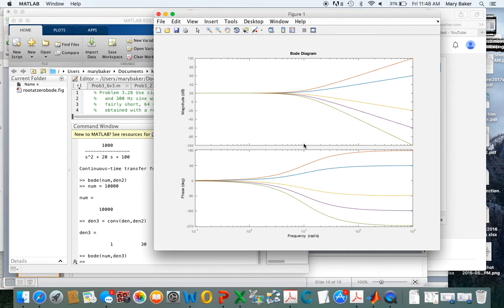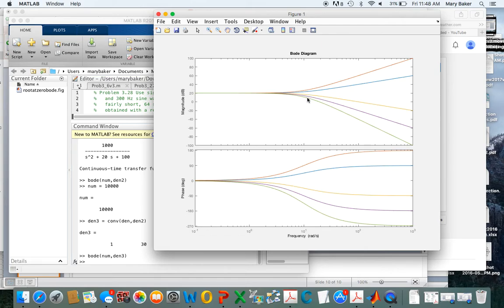So now if I come to my omega equals 10, which is my cutoff frequency, you can see that each time I increase the order of that pole in the denominator, my actual value, because remember this curved line represents the actual value, my actual value continues to drop below the asymptote.